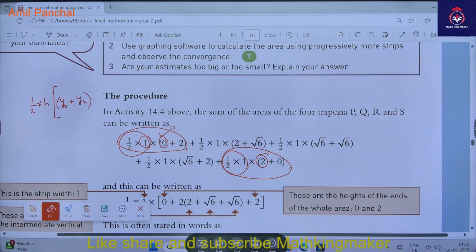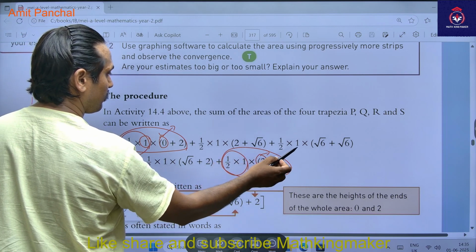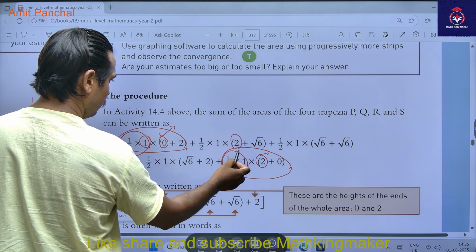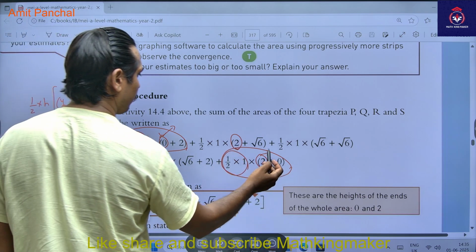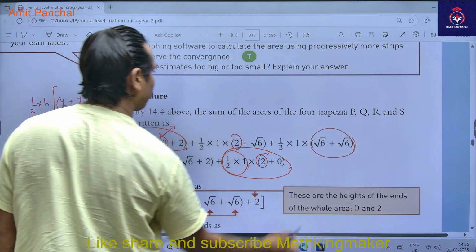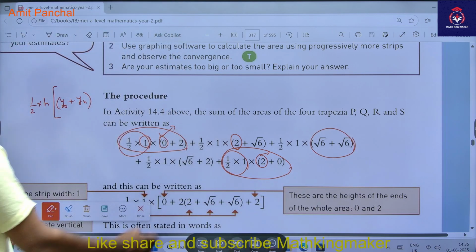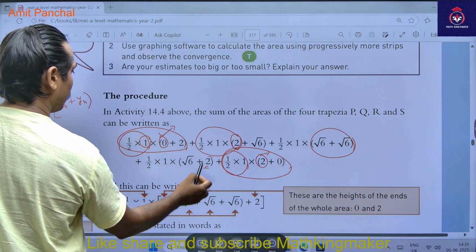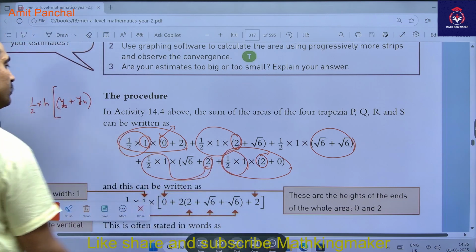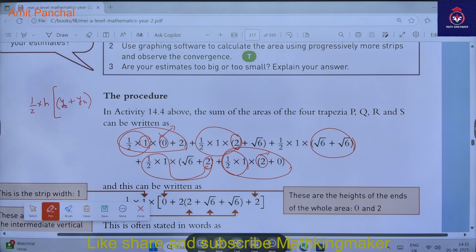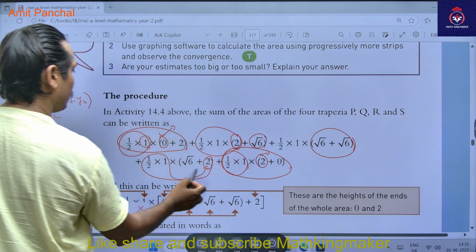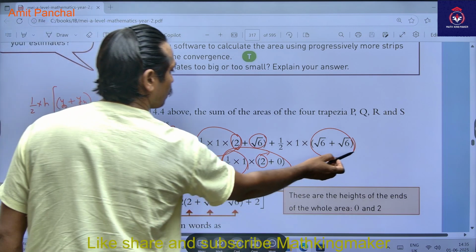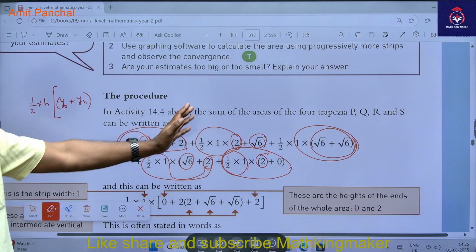And everywhere you can see it's twice. This is twice, this is also twice. Because this one is the same thing, it is just twice. You have 6 root here, 6 root here, so it is also twice, and this one is also twice. So these are intermediate heights.